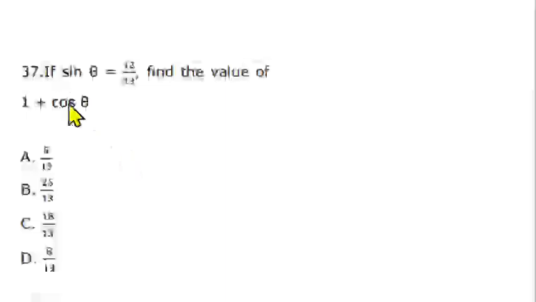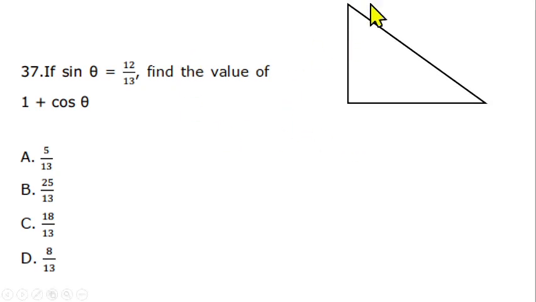Question number 37 is from the trigonometric ratio. Sin theta is 12 over 13. You have to find the value of 1 plus cos theta. So all you need to do is to draw a right angle triangle. Locate the angle theta here. Then sine is opposite over hypotenuse, so you have 12 here.